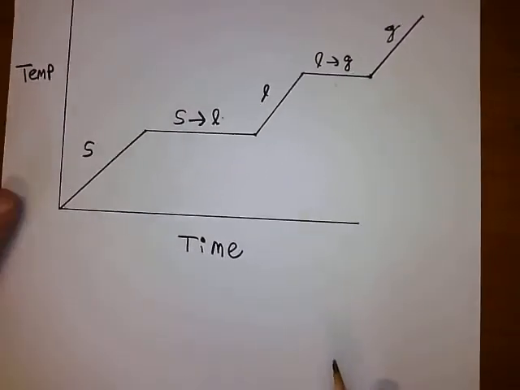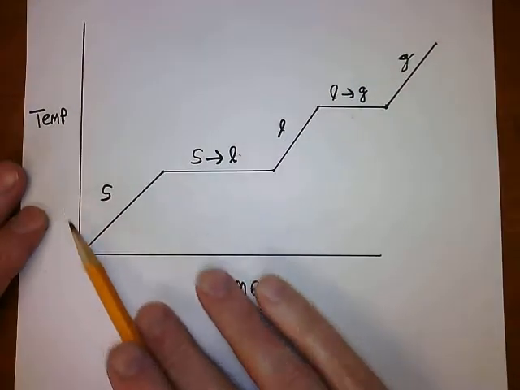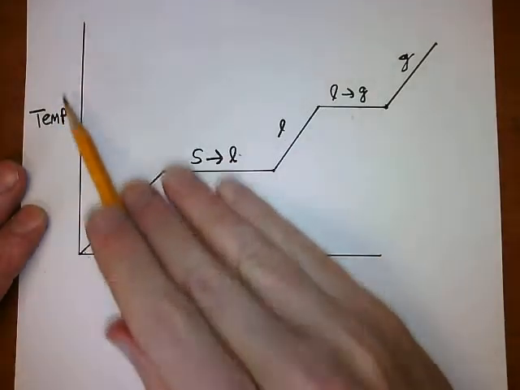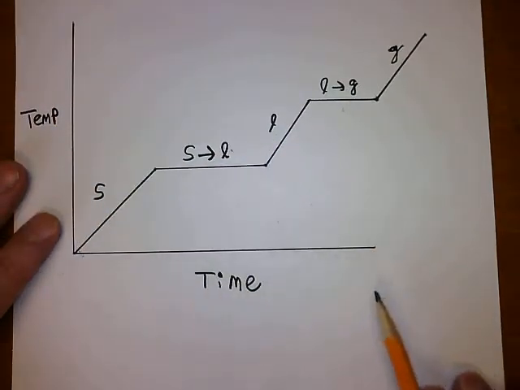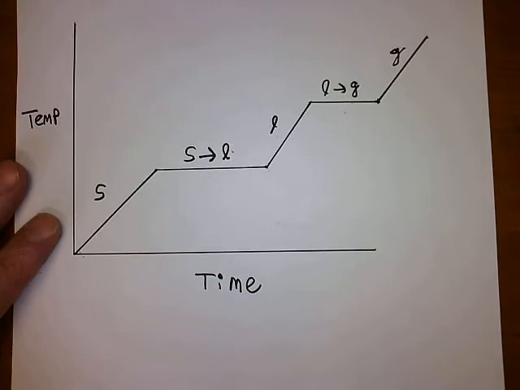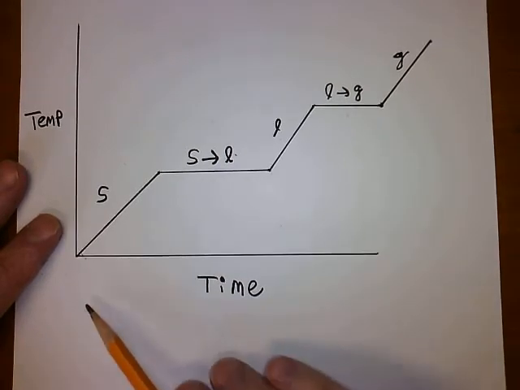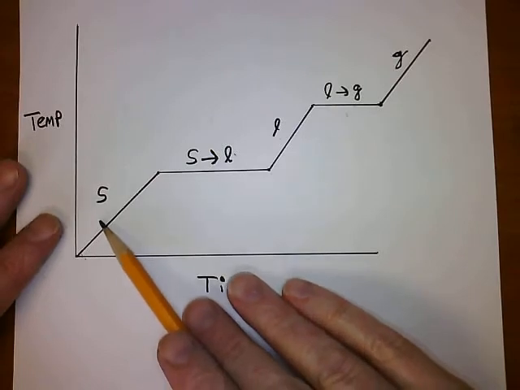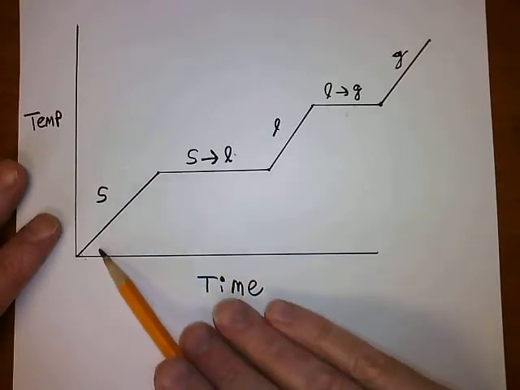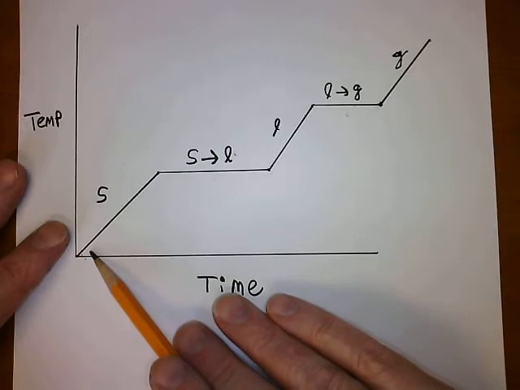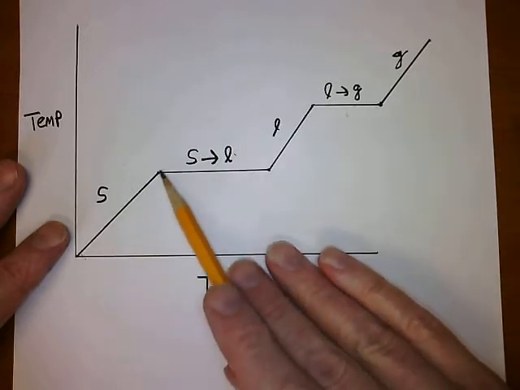So we have a graph like this. If you took the solid and you steadily heated it, and you recorded the temperature versus time, your graph would look something like this. It would start out as a solid, and your temperature would steadily go up.